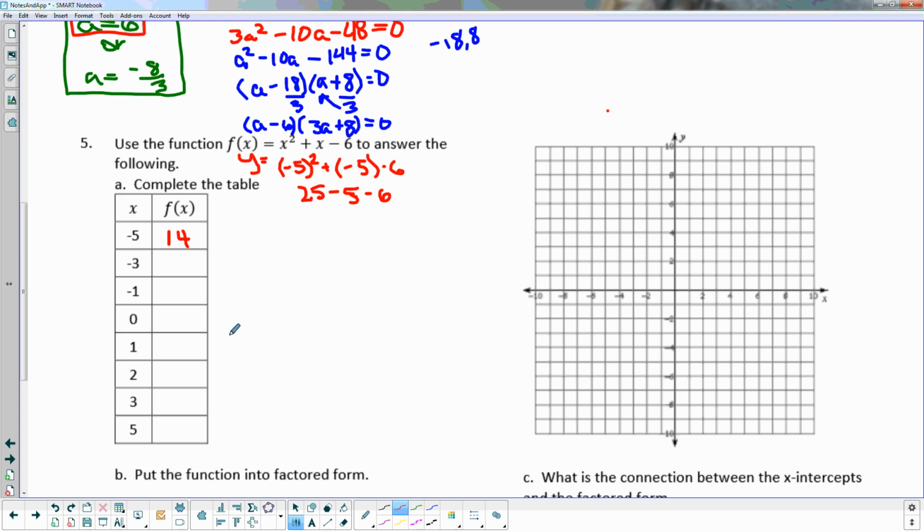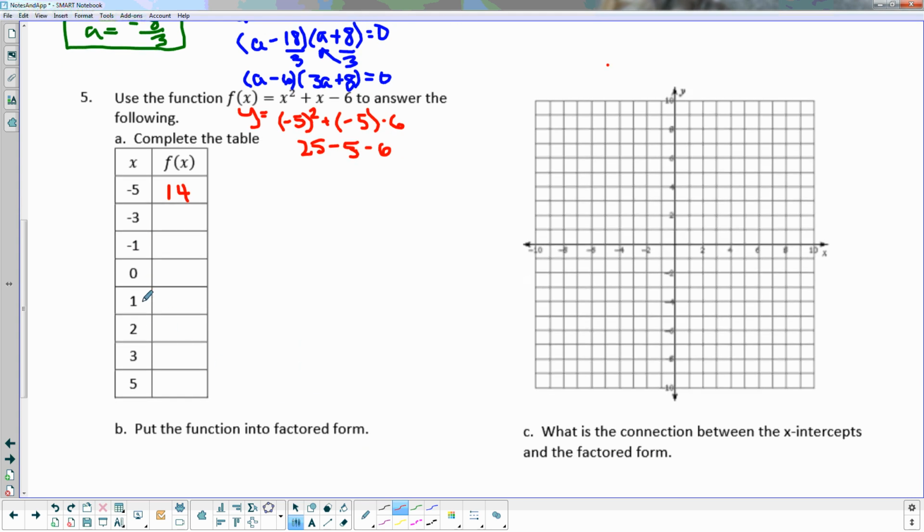I strongly suggest using a calculator, because most calculators you can go up and just edit the -5 that I plugged in, and I can edit that to be a -3 or -1, 0, 1, and so on. You are plugging in more numbers on the positive x-axis side, so you get a little better idea of what it does.